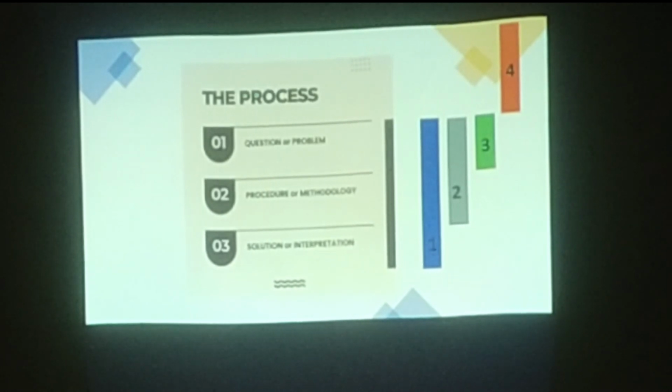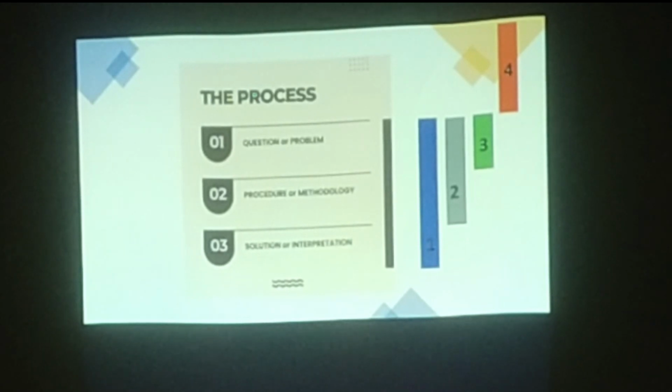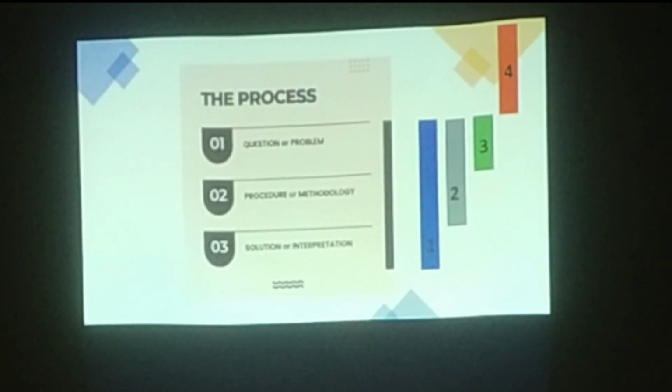So take a look. Meron kong leveling. Yun yung mga bars dyan. So, when you go to level 3 inquiry, you're just given the question. So, this is good for students maybe in grade 8, grade 9, where there is more independent learning. But for grade 7, do not expect them to do level 3 or level 4 inquiry.